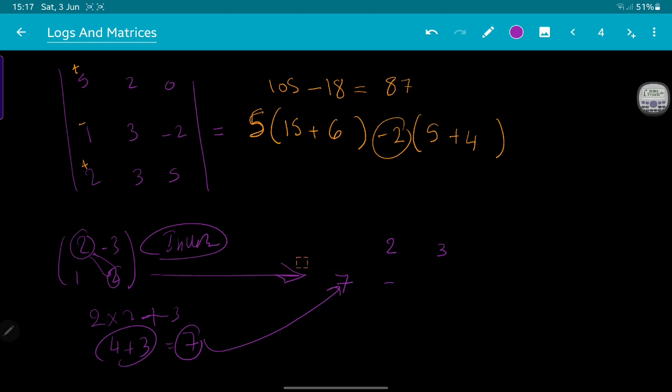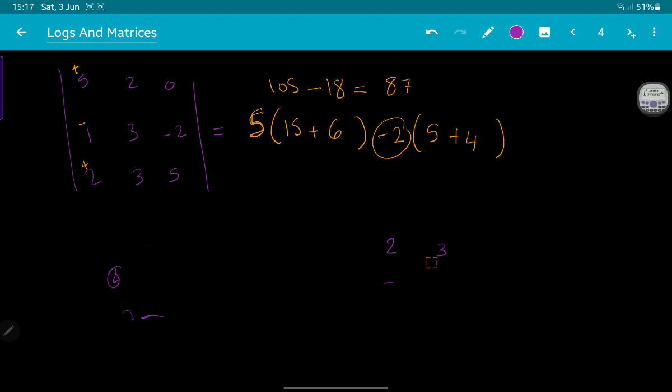Let's do a different one to make sure that you understand clearly and are not confused by the same numbers. 5, negative 2, 3, and 4. 5 times 4 minus negative 2 times 3.